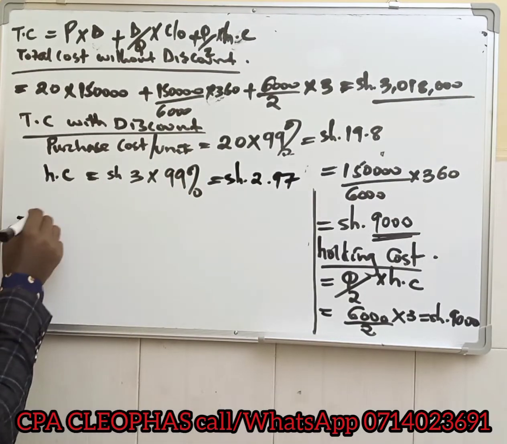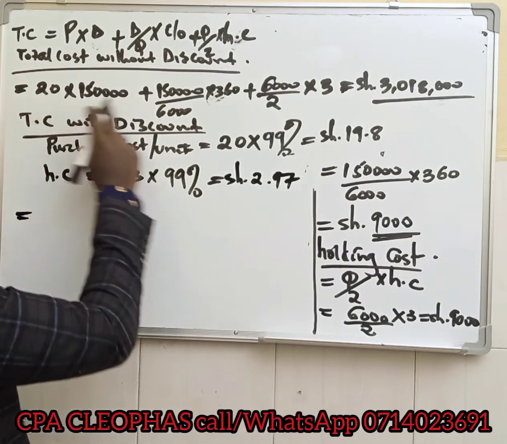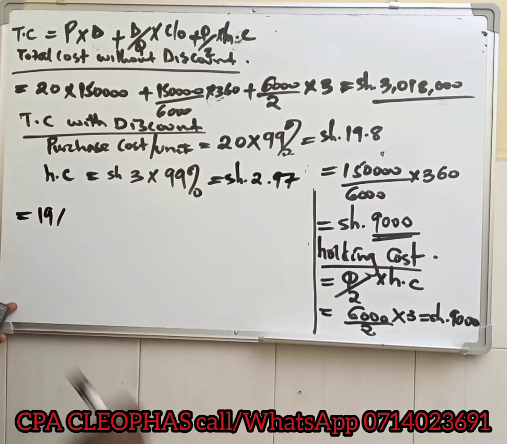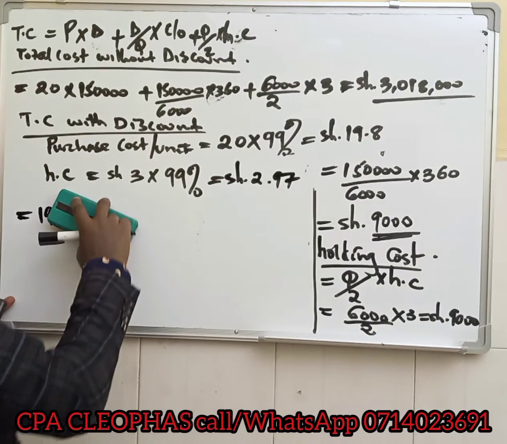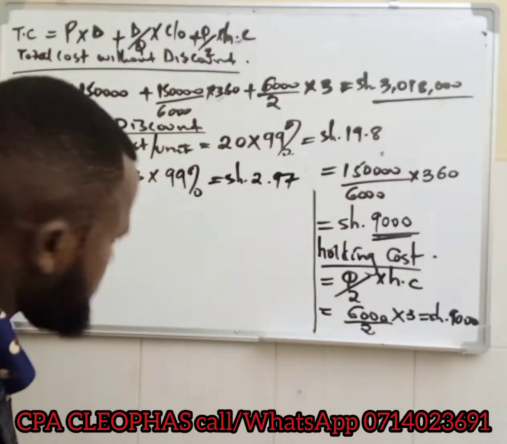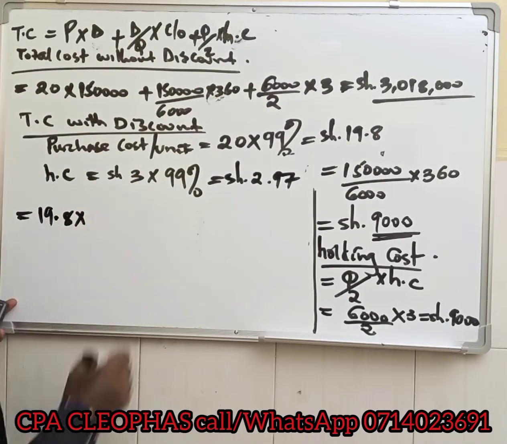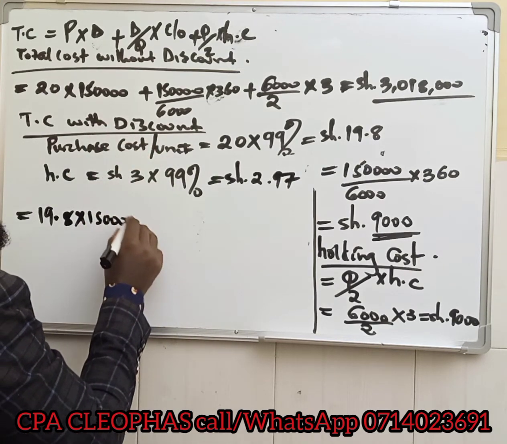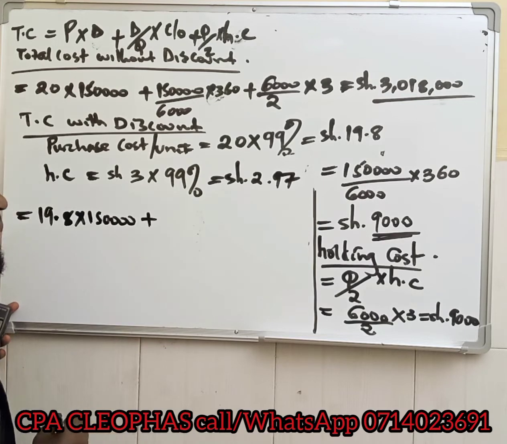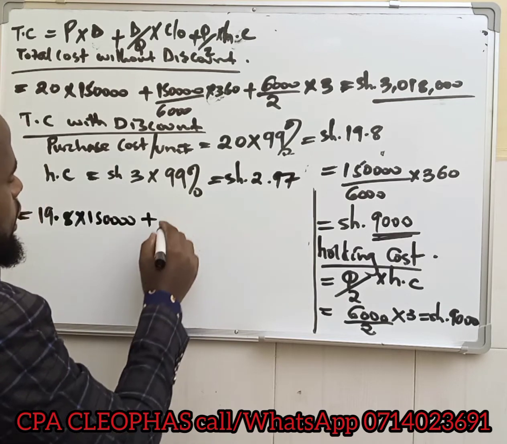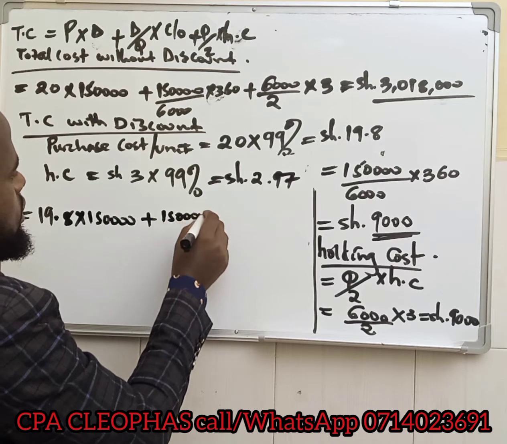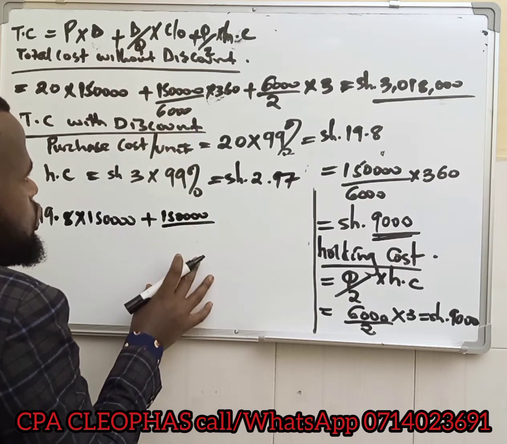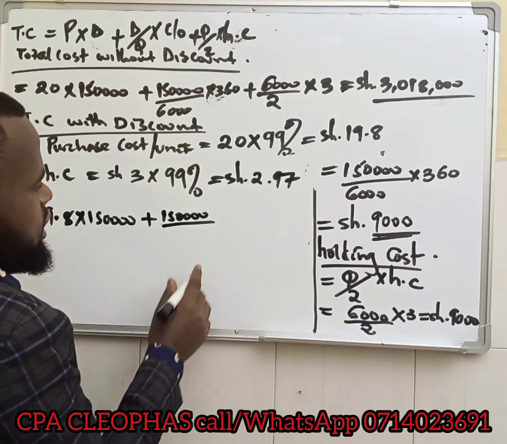So let's get the total cost, which is equal to the purchase cost. Instead of 20, with the discount it is 19.8. You multiply this by the annual demand, which was 150,000. The demand cannot change. Plus the ordering cost: the demand over Q, and for you to get this discount, you must order 10,000 units.